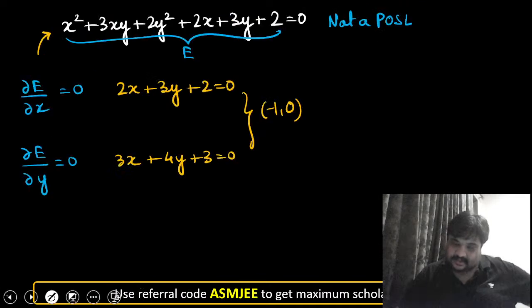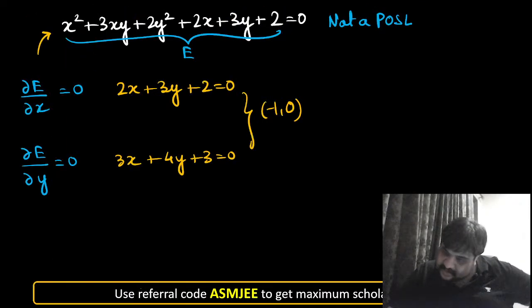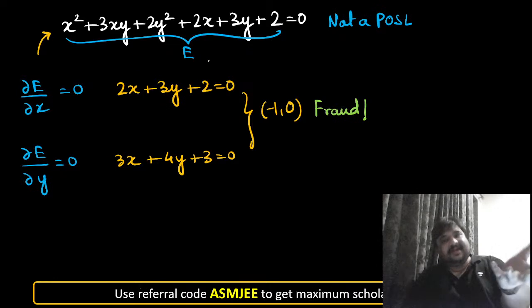See this. This is a fraud answer, right? So it must be some other curve, and we have treated it like a pair of straight lines. It is not actually a pair of straight lines. It might be a circle, ellipse, hyperbola, something else.